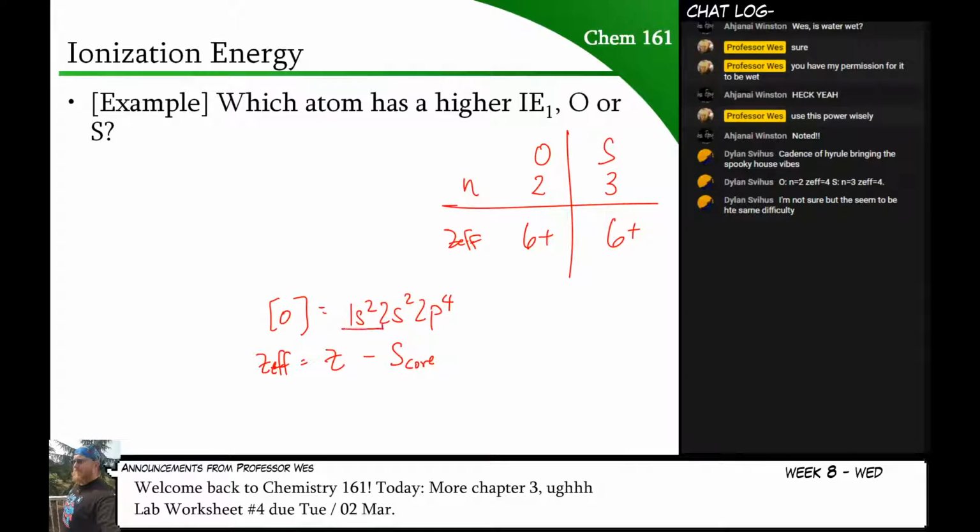Now, these are my core electrons right here. So I should get, Z is 8 for oxygen, minus the 2 that I boxed in because those are in the core. That's the effective nuclear charge. Now I'm fighting the same rough force for each of these. You do the same calculation for sulfur and you'll get the same thing.